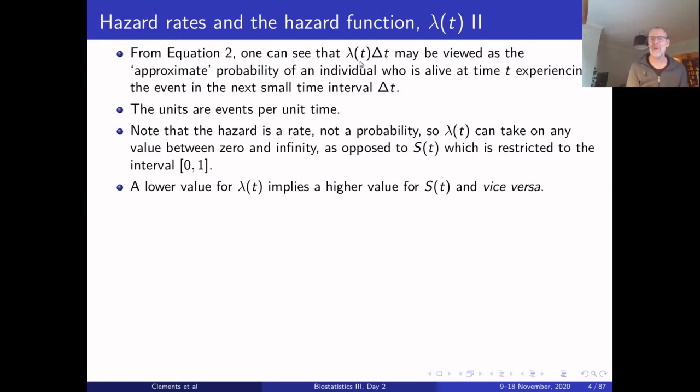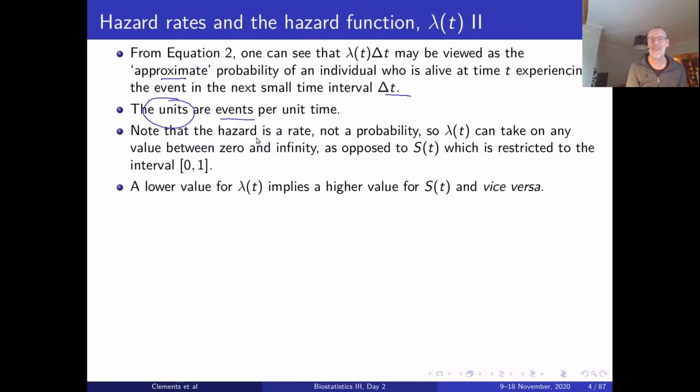From equation 2, we can see that lambda of t times delta t may be viewed as the approximate probability of an event for someone who was alive at time t experiencing the event in the next small time interval delta t. So the units for this are the number of events per unit time.